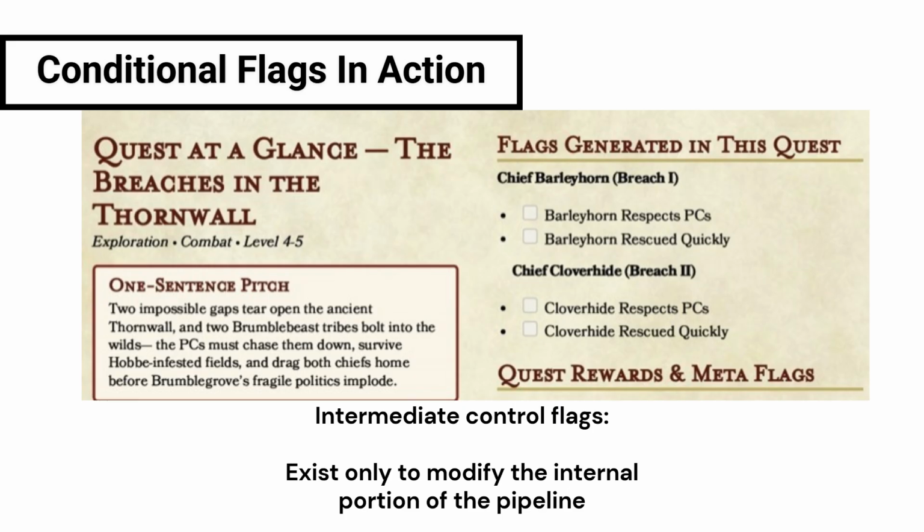Now, notice what is not tracked during these flags. We do not track how the chieftains were saved, tactics used in battle, whether the players were stealthy, diplomatic, reckless, or clever. All of that is method. Only the resulting state that can influence later stages is allowed to survive, not the method through which it was accomplished.